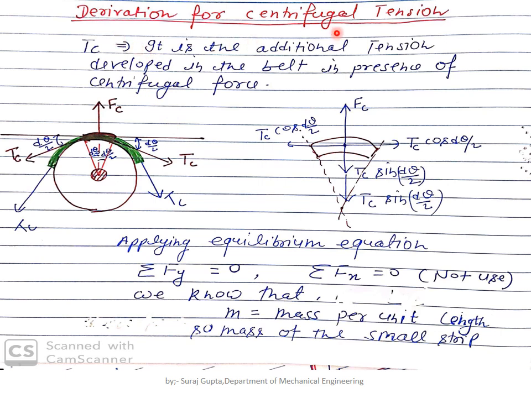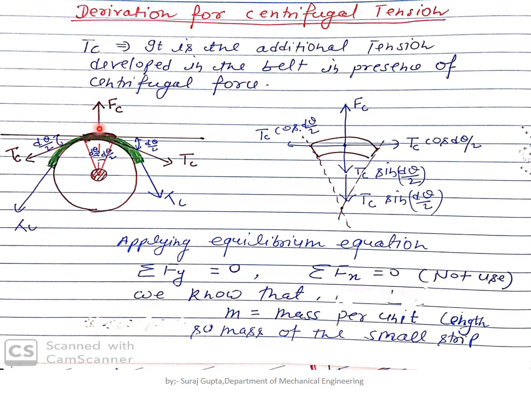Now the derivation for the centrifugal tension, meaning what is the value of this Tc. We are going to derive the formula for Tc. It is the additional tension developed in the belt in the presence of centrifugal force. We already know about this. So now I'm going to make a pulley and belt.